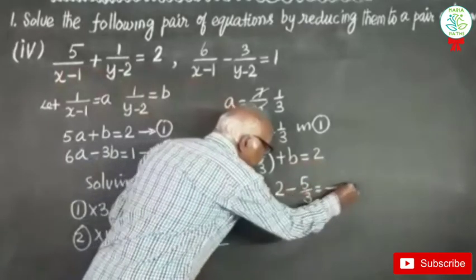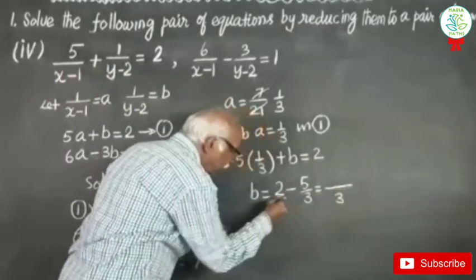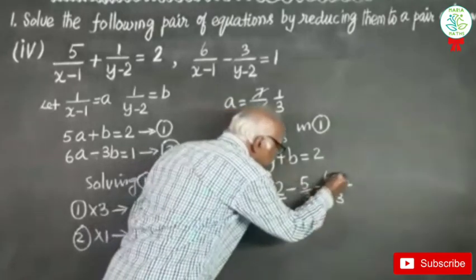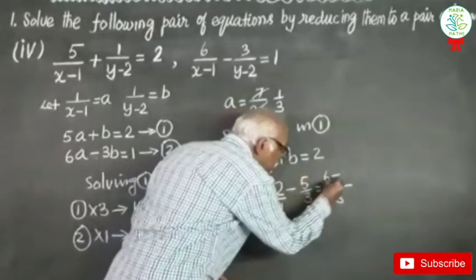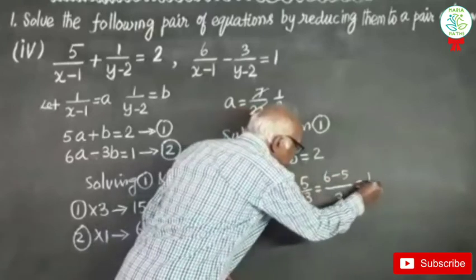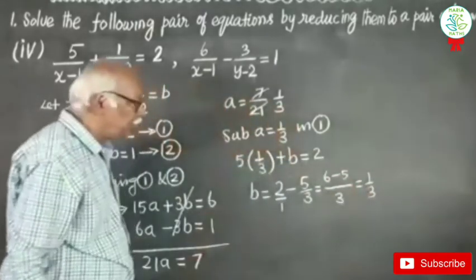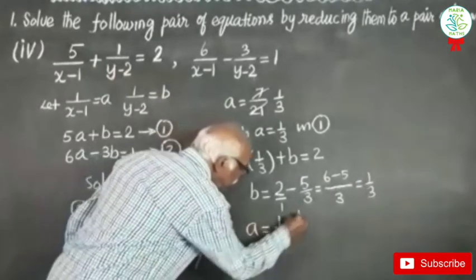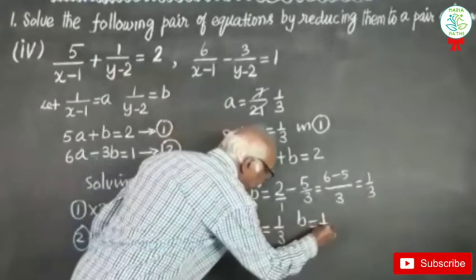Now LCM is 3. 3 into 2 is 6, 6 minus 5 equal to 1 by 3. b equal to 1 by 3. a equal to 1 by 3, b also 1 by 3.